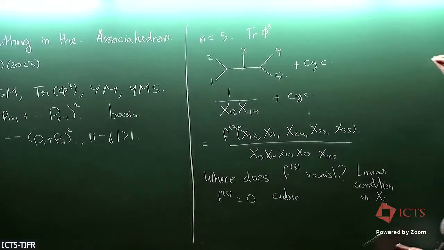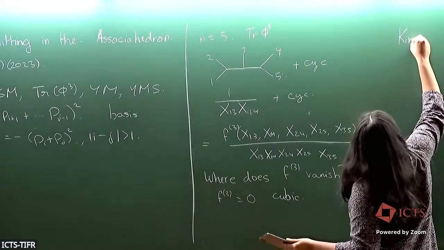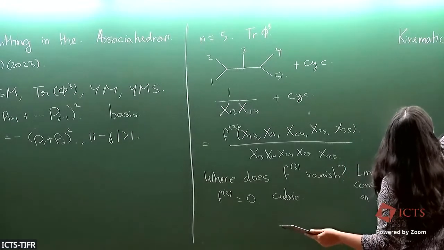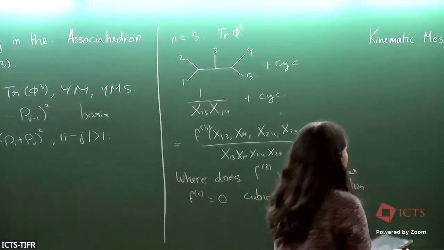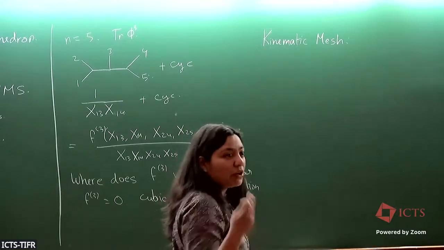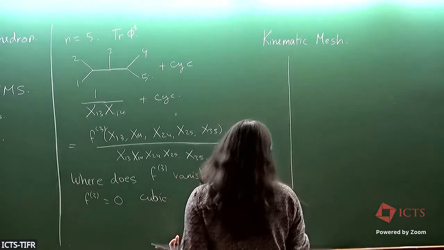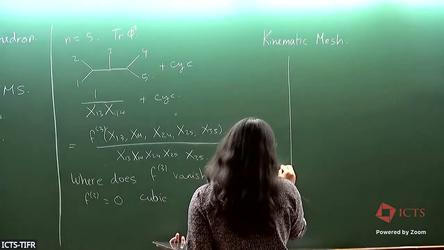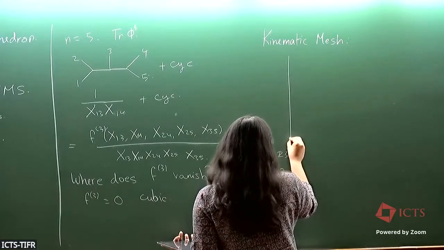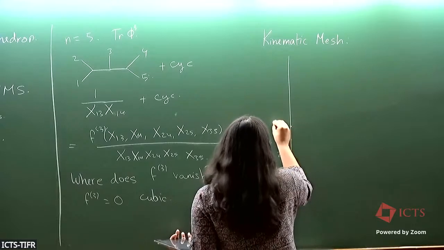Okay, so there are maybe ways of giving the kinematic mesh more structure, but for us, it's enough to just think about it as some way of bookkeeping all of your variables. So you start with a mesh, so you give these points on a line labels in this way.